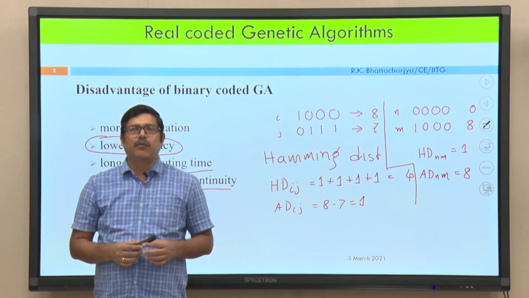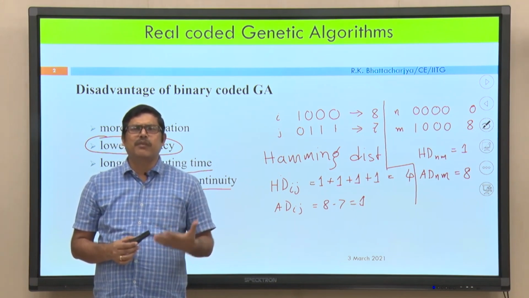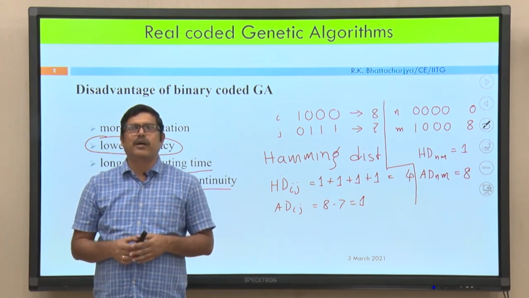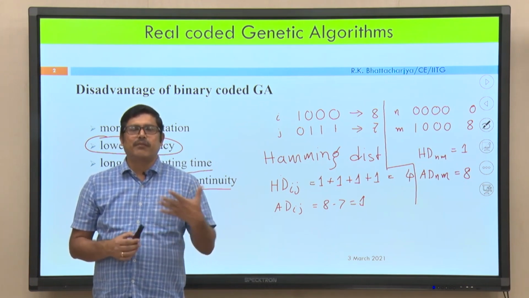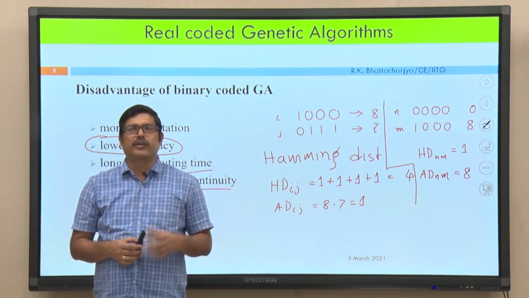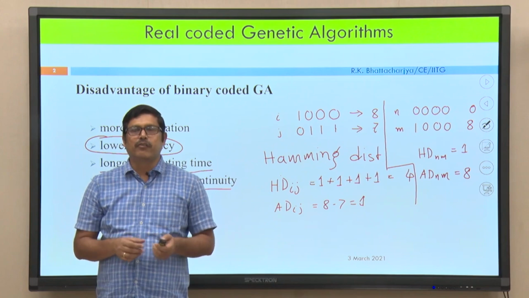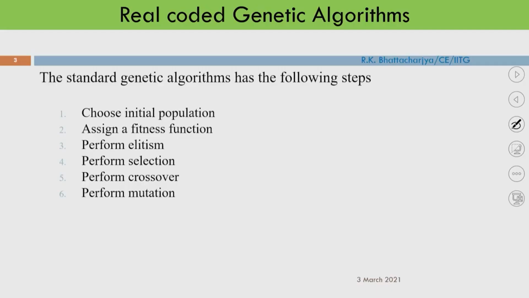Now, let us see how we can overcome this disadvantage. Suppose we apply the crossover and mutation directly on the real value. A standard genetic algorithm has the following steps. The steps are: choose the initial solution. I think now you know how to select and generate the initial solution.